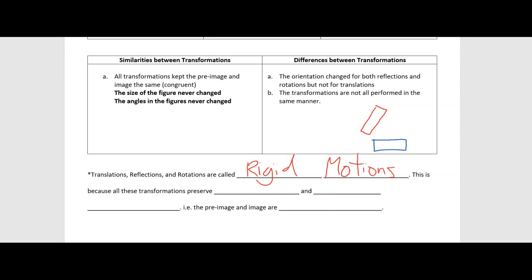This is because all these transformations preserve distance and angle measurements, i.e. the pre-image and image are congruent. So the distance between corresponding points stays the same, and the angle measurements between the different segments will always stay the same. All right, so these are called rigid motions.